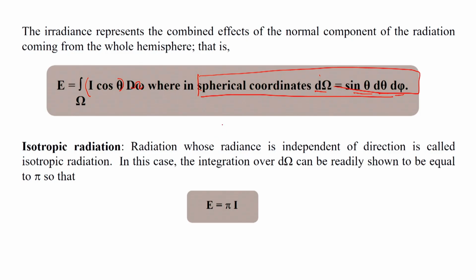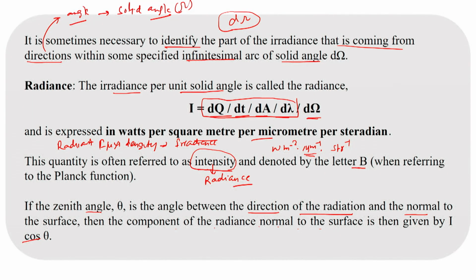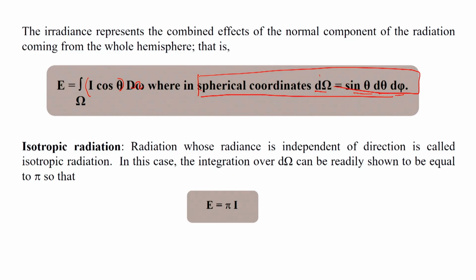Just remember what irradiance and radiance are. Radiance is irradiance per unit solid angle, and if you have to do calculations, for irradiance you integrate over the wavelength, and here you have to integrate over the solid angle. And there is also isotropic radiation.